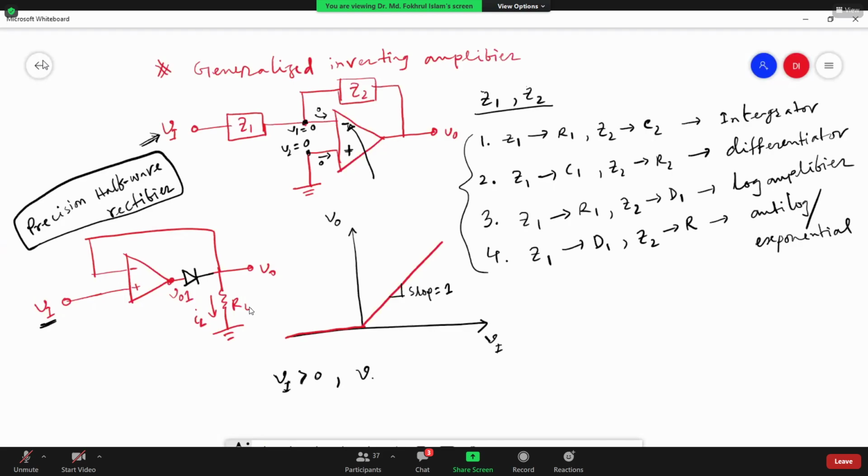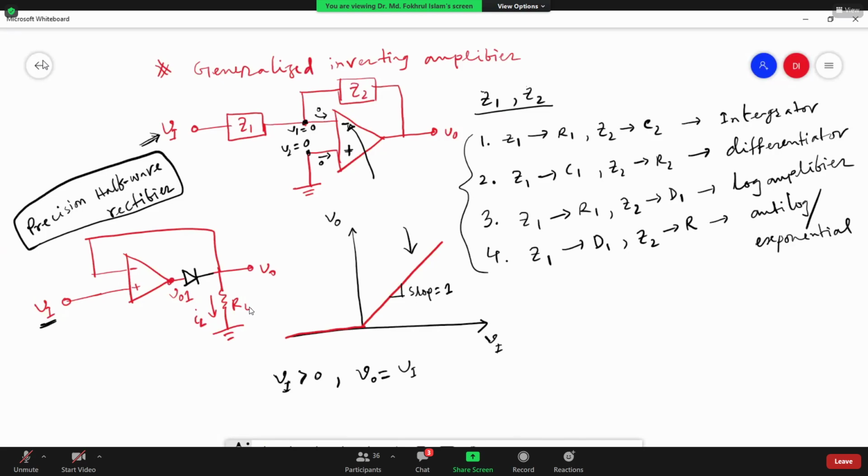V output is equal to what? V input. You see, V output and V input are always equal here. So V output and the load current IL should be positive, and a positive diode current is induced such that ID equals IL. And the feedback loop is closed through the forward biased diode.